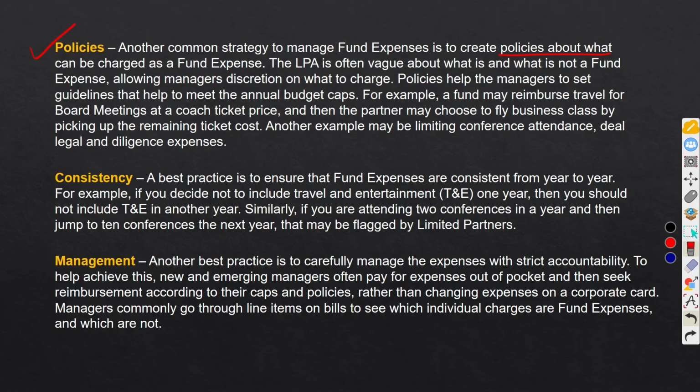Policies help managers set guidelines to meet the annual budget caps. For example, a fund may reimburse travel for board meetings at a coach ticket price, and then the partner may choose to fly business class by paying the remaining ticket cost. Another example may be limiting conference attendance, deal legal and diligence expenses.